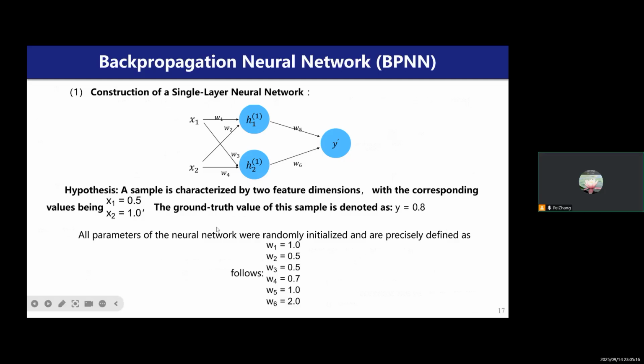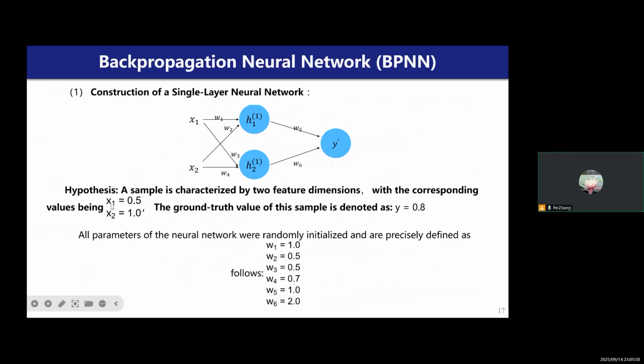For example, suppose we have a single layer neural network. x1, x2 are input values, there are weights, and the hidden layer input h, and finally the output y. This example does not include the activation function.